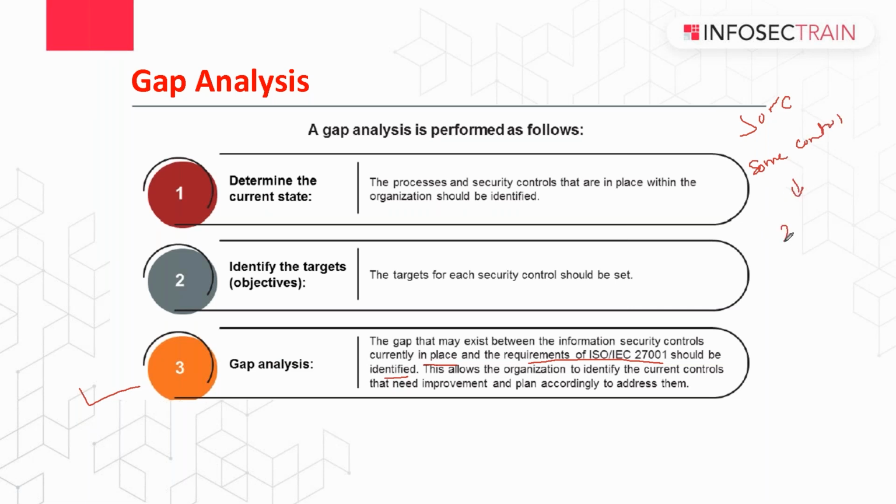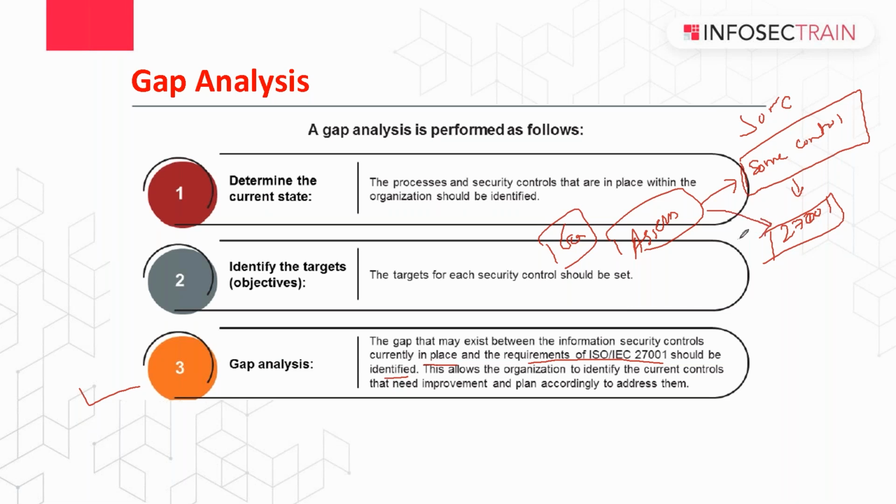Now as per 27001, there are some controls already in place. We did an assessment, that is your gap assessment, and we identified a problem that this control is not going to help me. I want to go ahead and add some more controls from an ISMS perspective.